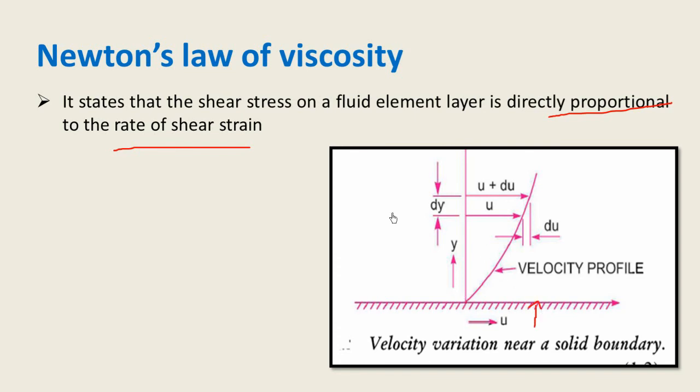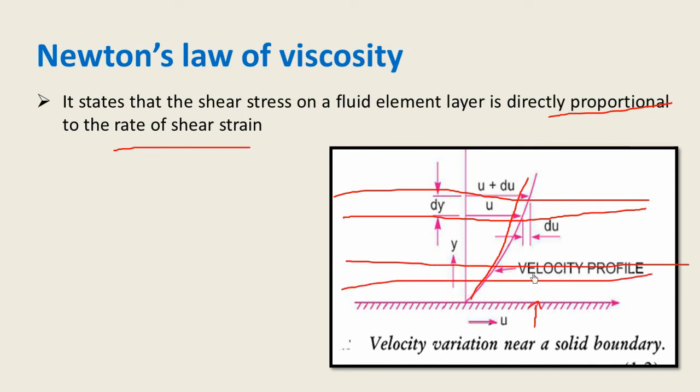This is one layer which is moving with velocity u, and we have another layer which is moving with velocity u plus du, and this is a velocity profile. Because apart from this fixed surface, fluid is flowing like this. We are considering only two layers, that is the u and u plus du velocity layers.